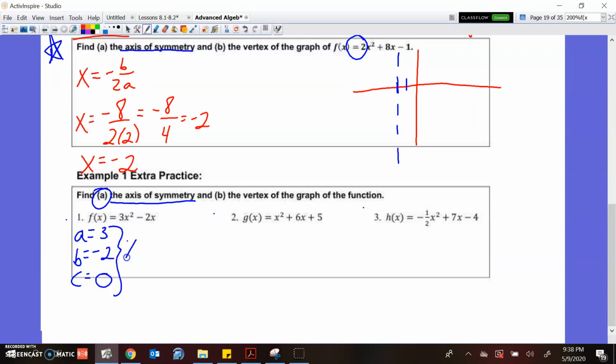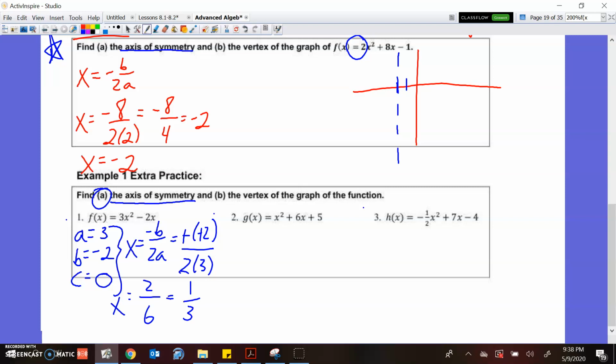Now it really doesn't matter here because c is not part of this formula, but negative b over 2a is actually going to be negative 2 over 2 times 3, which gives me x equals 2 over 6, or 1/3. Sorry, I mistakenly got 4 at first because I was multiplying something that didn't exist. Okay, so that's the answer. Thanks for catching that if you were a step ahead.